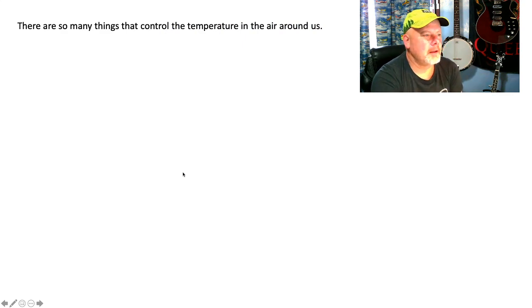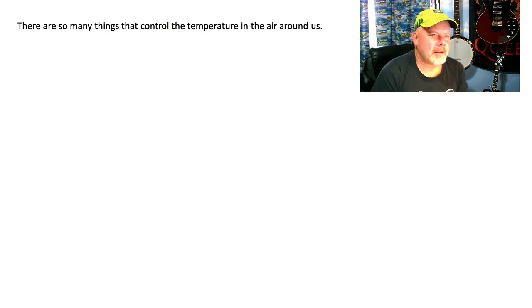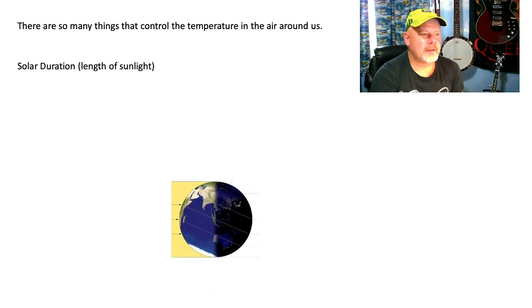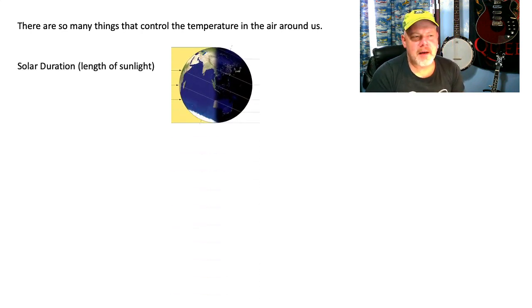All right. First of all, there are so many things that control the temperature of the air that we're in, the air that's around us, the air that's lowest in the atmosphere. The first thing we already talked about is solar duration. Solar duration is how much sunlight we get. And remember, that's all based on how the Earth is tilted.